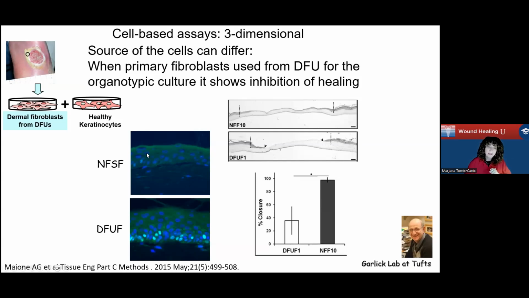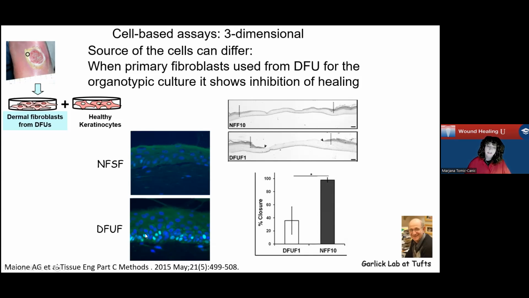But it's important to emphasize that when we used diabetic foot ulcer fibroblasts with healthy keratinocytes, what happened is that these diabetic foot ulcer fibroblasts communicated with healthy cells above and instructed them to stop healing. So instead of healthy keratinocytes converting diabetic foot ulcer fibroblasts into healthy ones, the opposite occurred.